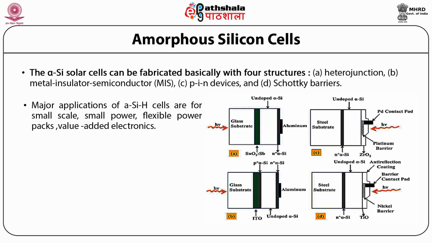This is shown in figure C. This cell has given a VOC of 0.8 volts, ISC of 12 milliamperes per centimeter squared, fill factor of 0.58 and efficiency of 5.5% under AM1 condition.